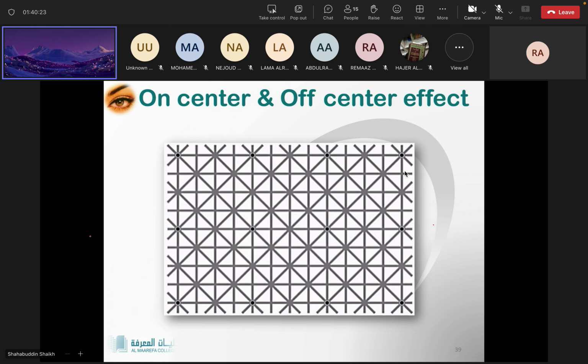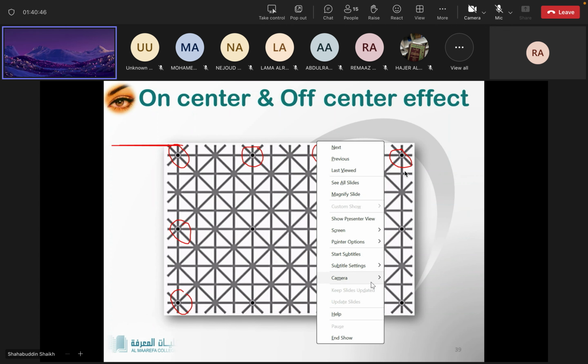You can count the number of dark spots. There is a dark spot here, here, here, and here. Similarly, you have a dark spot here and here. In total, I can see 12 dark spots, but at any time I see only one, and the others vanish.